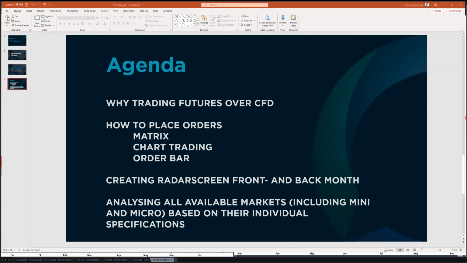So we have one class where we analyze all products, from equity indices to treasuries, energies, metals, currencies, softs, agricultural, and meats.